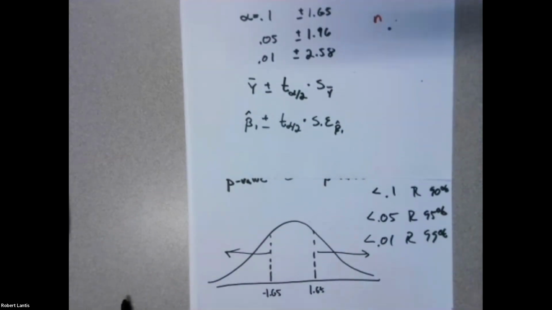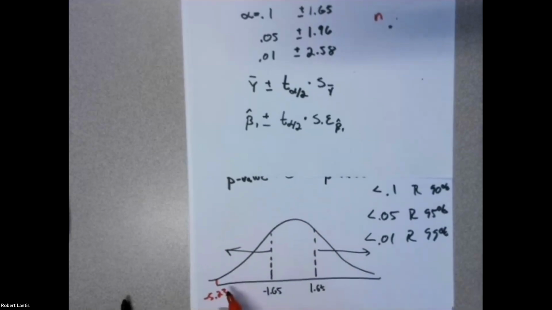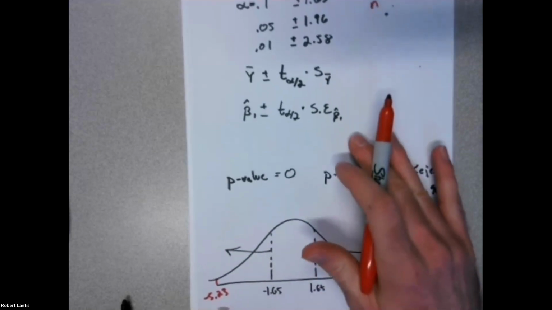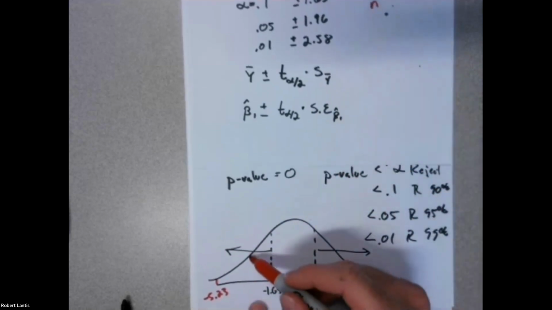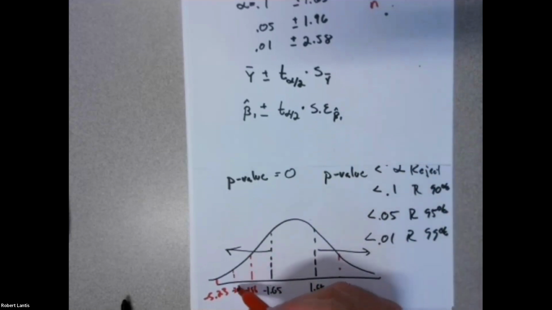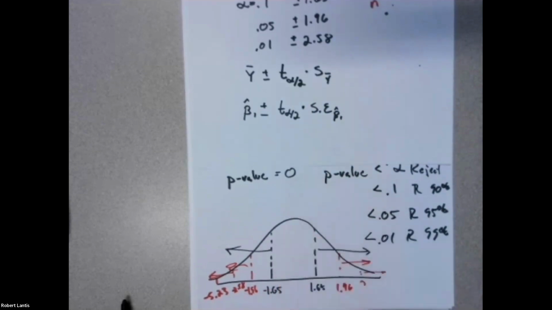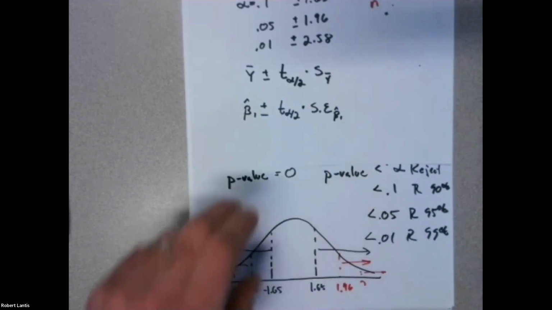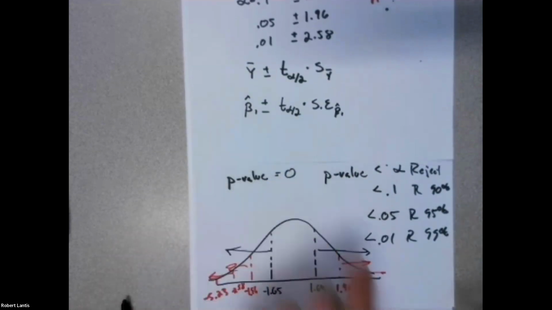My test statistic was negative 5.23. That is very clearly in my rejection region, right? I could then do the same thing, plot negative 1.96, positive 1.96, negative 2.58, positive 2.58. It doesn't matter here. I've got a large enough test statistic. It's going to be in my rejection region at every single level. So I can use the critical value approach. I can use my p-value approach. Both of them should lead me to the same rejection decisions.